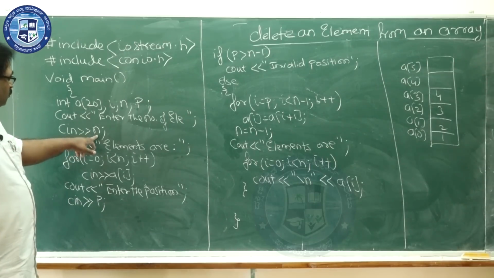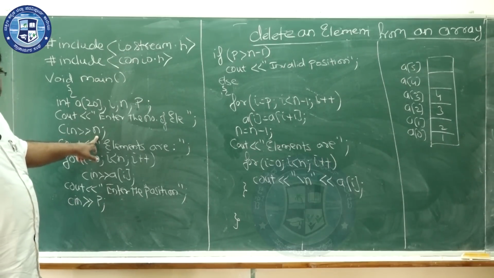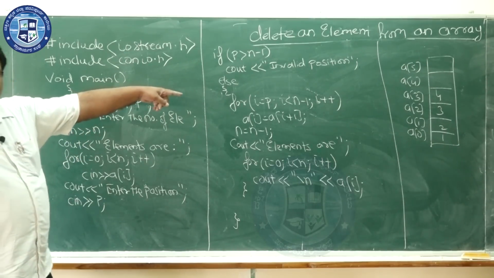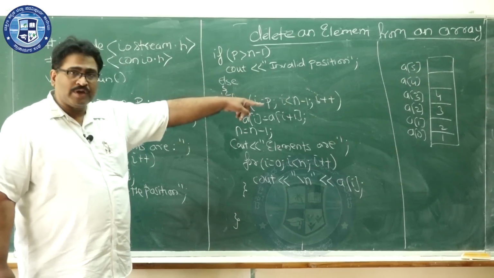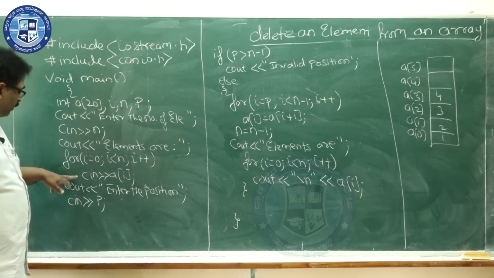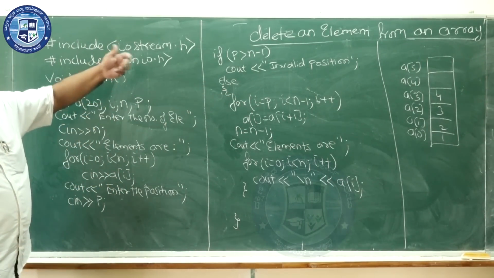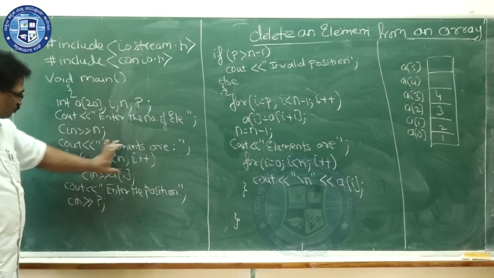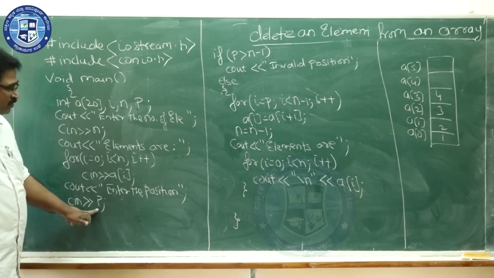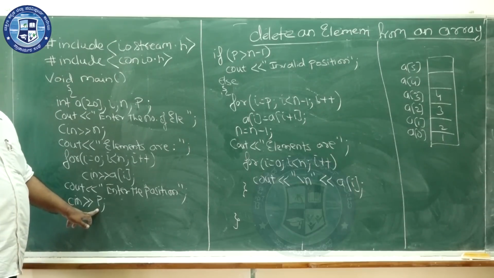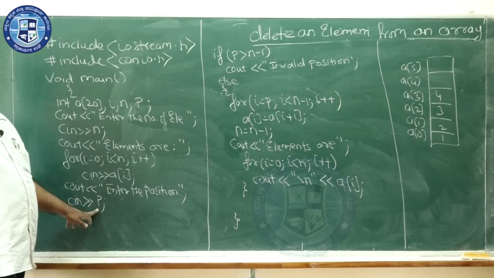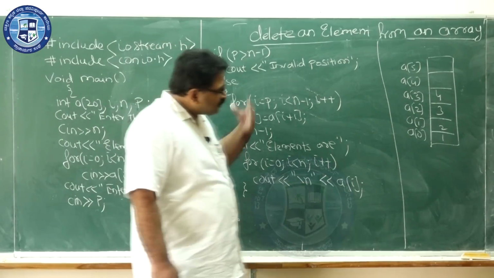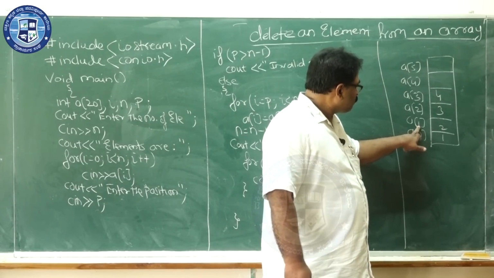So the first part is to enter the number of elements. In that case, how many elements are there? We have around 4 elements, right? And then we enter the elements. We have entered those elements, that is 1, 2, 3, 4, using this for loop. Then we are asking which position you want to delete. Now, we had given the example earlier, we want to delete at the position 1.